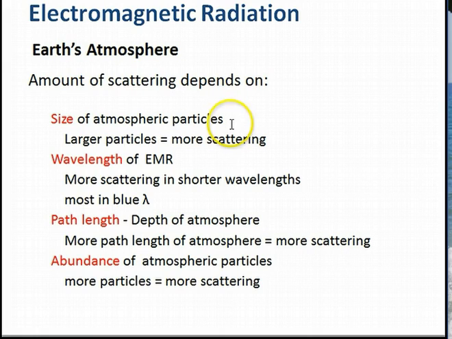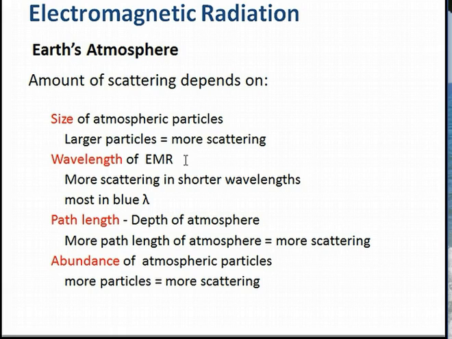But it also depends upon which wavelength you're talking about within the electromagnetic spectrum. Shorter wavelengths tend to come into contact with more particles, and therefore there's much more scattering in those shorter wavelengths, like the blue wavelengths, compared to the reds or the infrareds.